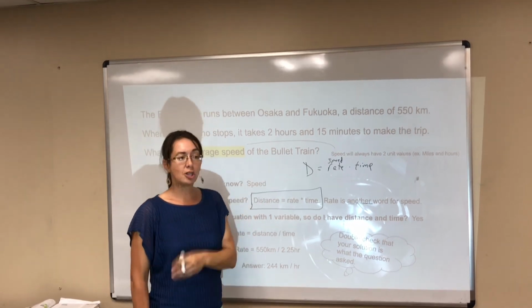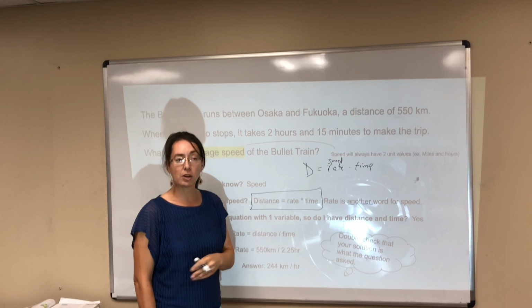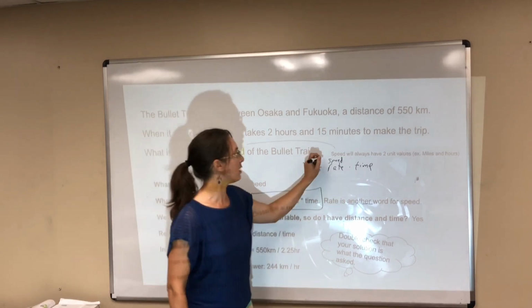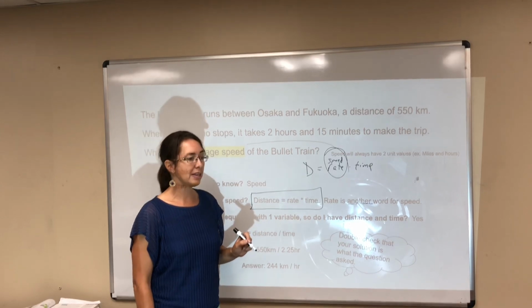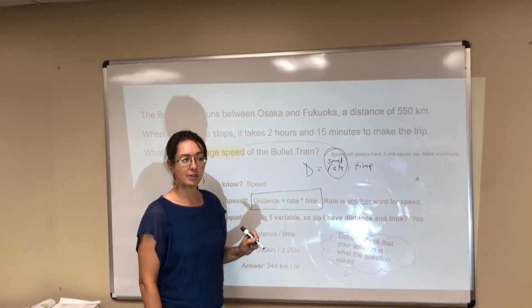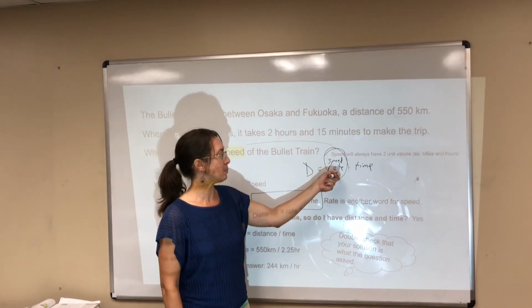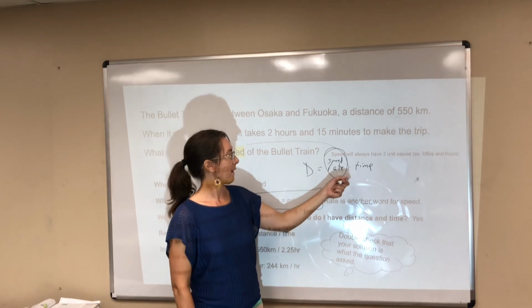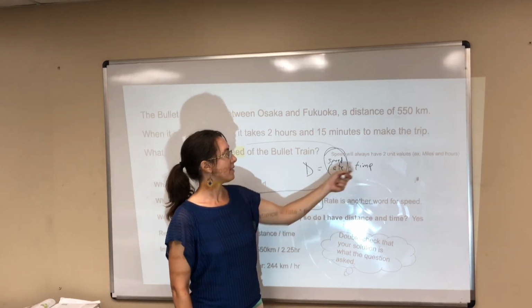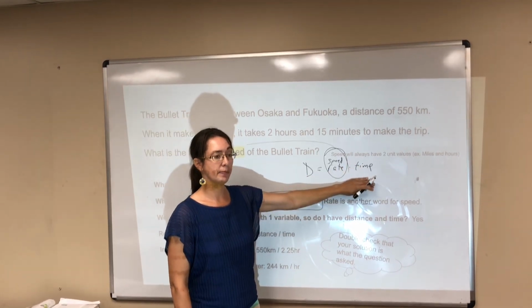So what we just learned in 1.4 was how to rearrange these equations. If I want to solve for speed, what do I need to get rid of? I want speed all by himself. I want to solve for speed. I've got to get rid of time, right?